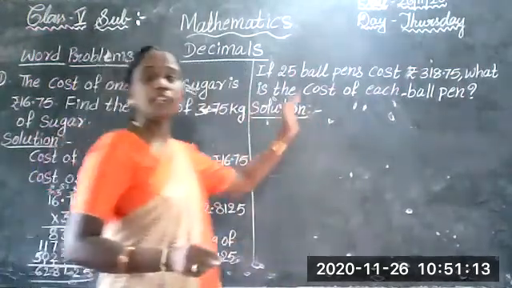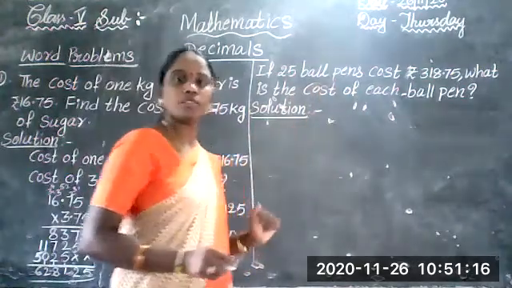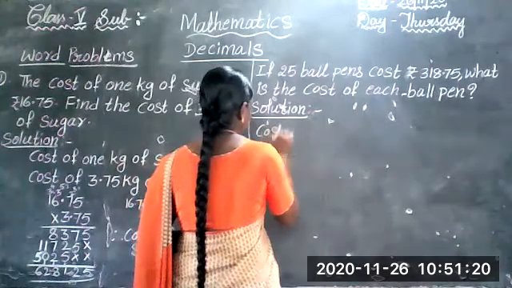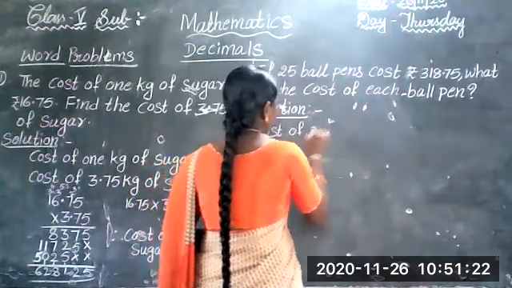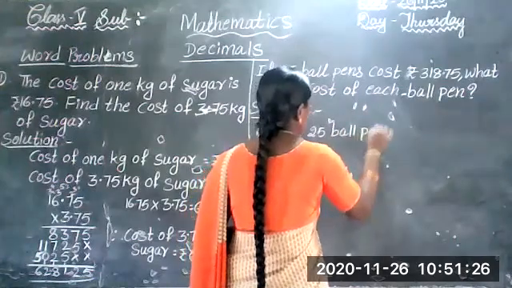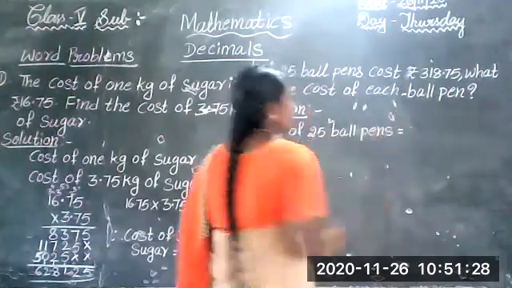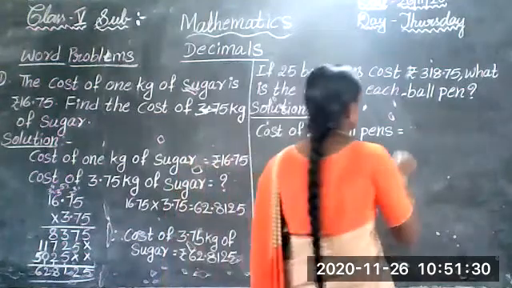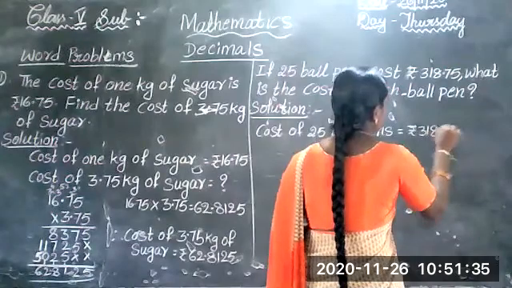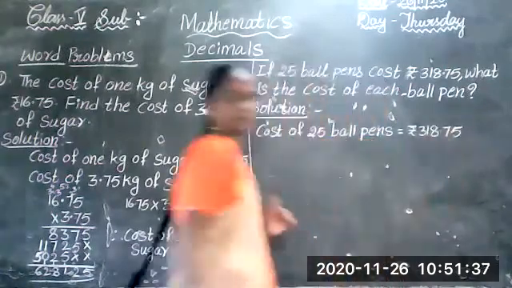Cost of 25 ball pens. What is the cost of 25 ball pens? Rupees 318.75.